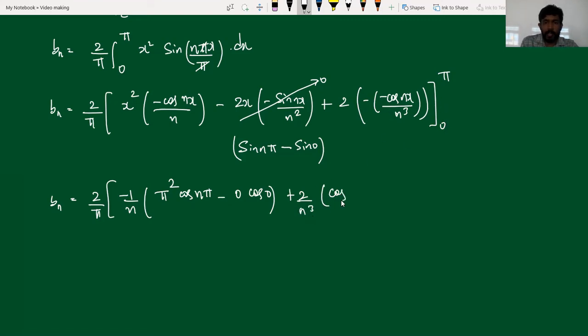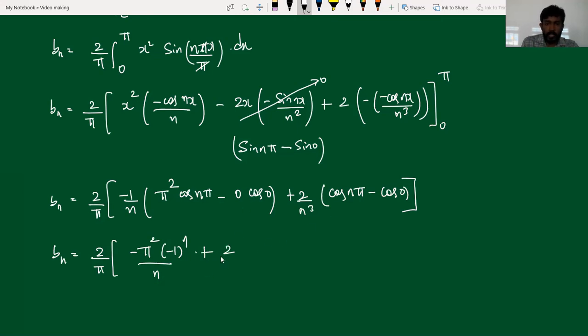So this becomes cos n pi minus cos 0. If I simplify this, this becomes 2 by pi into minus pi square into cos n pi value is minus 1 to the power of n divided by n. This becomes 0, again plus 2 times cos n pi value is minus 1 to the power of n divided by n cube minus 2 by n cube into 1. This becomes 2 by n cube.